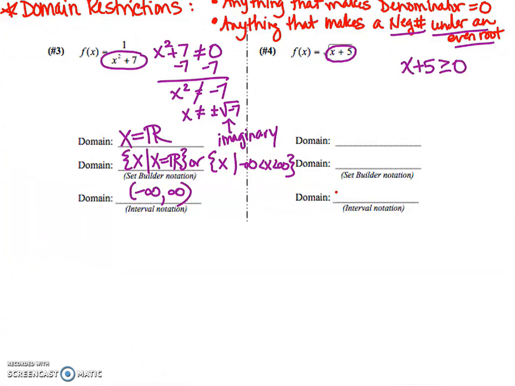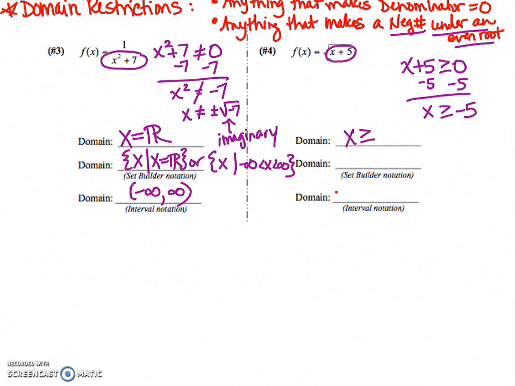We can't let x plus 5 become a negative number. So if we get x alone with a little algebra, we discover that we have to keep our x values greater than or equal to negative 5 if we want to keep what's under our root greater than or equal to 0. We just found our domain.